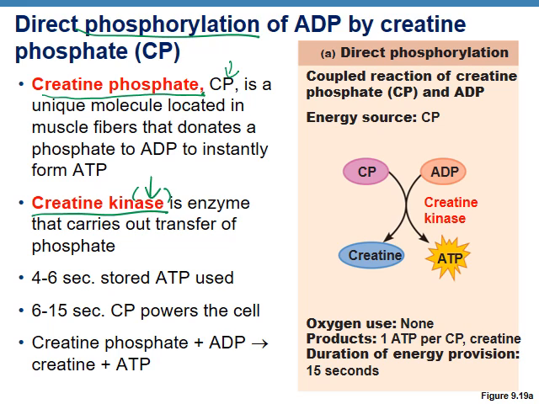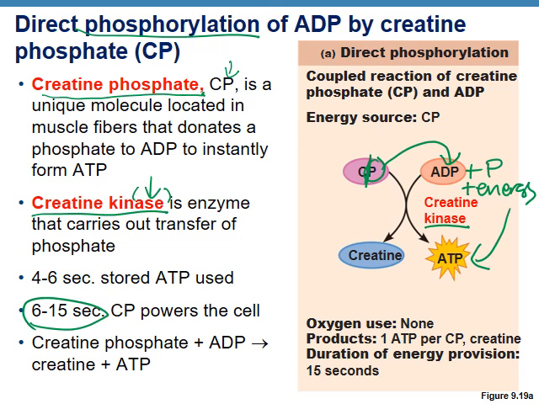It ends in ASE. So we take the creatine phosphate, the enzyme creatine kinase pulls the P off, and if I add ADP plus P plus energy, I'm creating ATP. So this is about the 6 to 15 second mark that this creatine phosphate is going to power the cell.